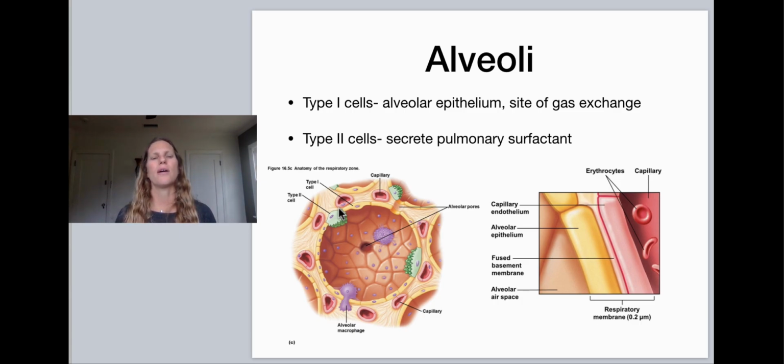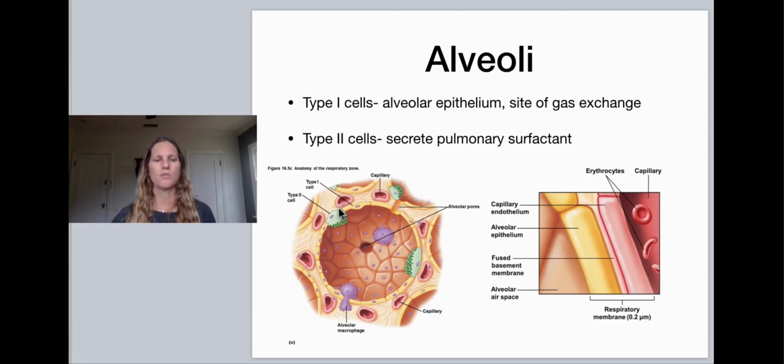In addition to all the other stuff, the insult to the lungs can cause damage to those cells and can cause a decrease in the production of surfactant. The disorder that affects adults as a result of surfactant loss is called adult respiratory distress syndrome, or ARDS.